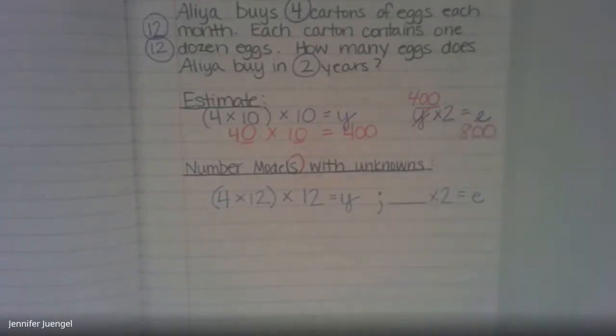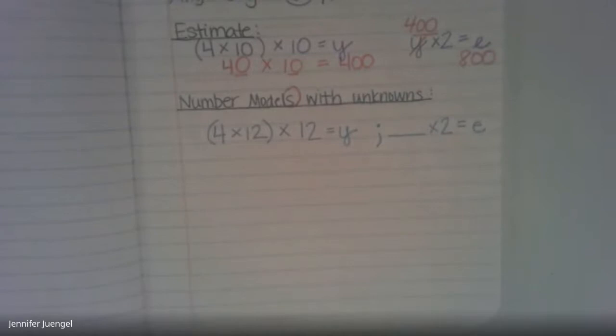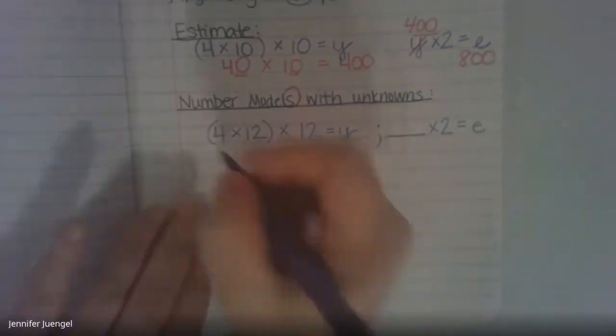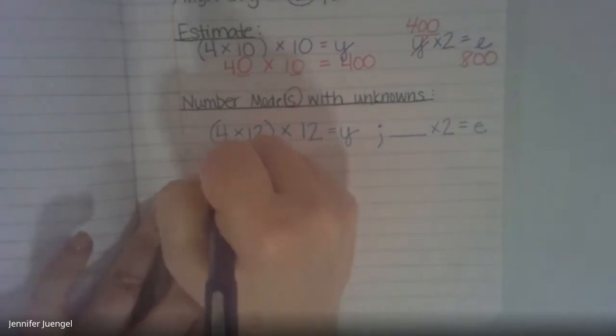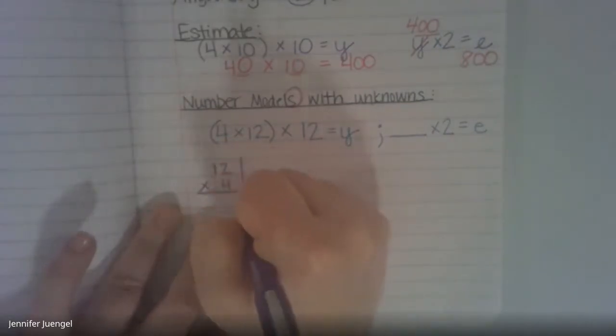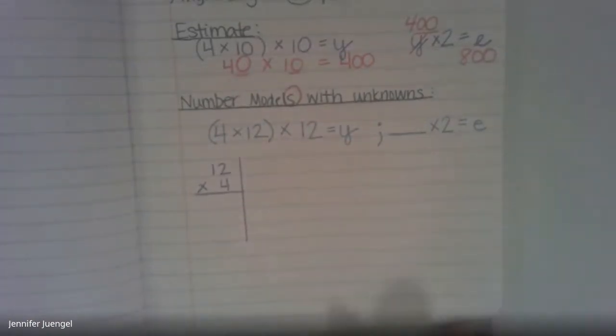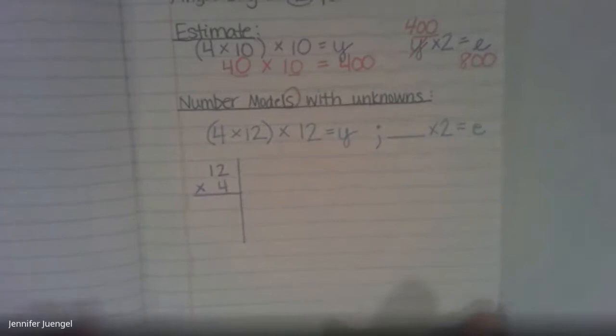All right, let's do the work of solving. So I'm actually going to try that partial product method that we learned, and I'm going to see if I can get really, really good at it. So let's see. 4 times 12. And we draw the line down the side, remember? And then we write a smaller multiplication problem for each place value.